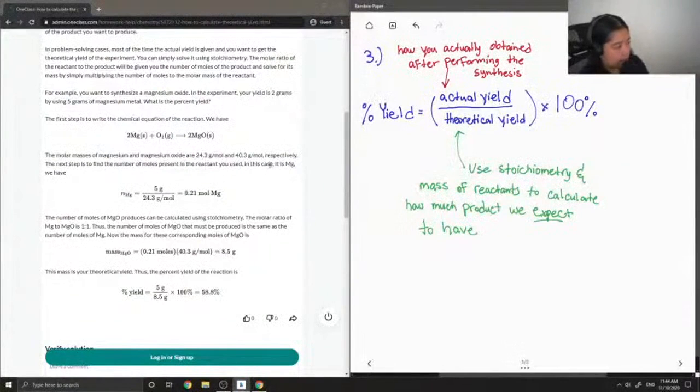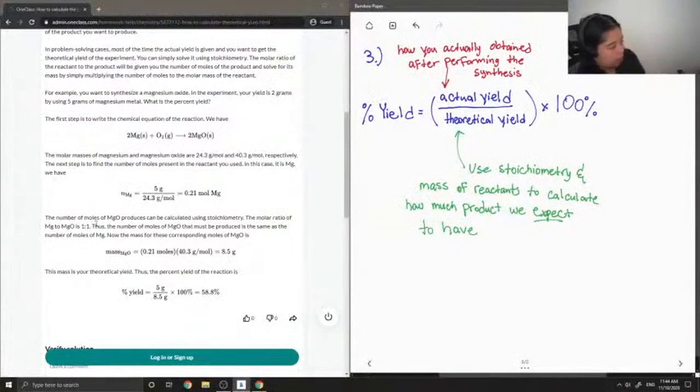In this case, it is magnesium. So typically, we assume that the oxygen is in excess and that our magnesium is our limiting. But basically, they calculated the number of moles of magnesium that reacted by doing 5 divided by 24.3, and they got 0.21 moles of magnesium.